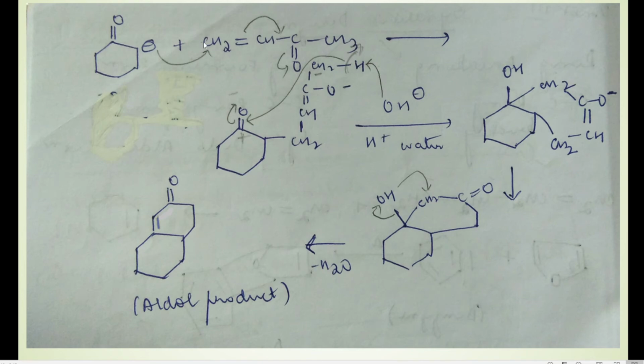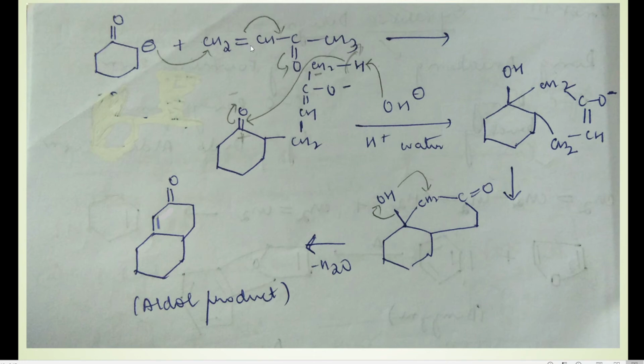So what happens? This carbon will form a bond with this carbon here. Here there's a bond formation, a new bond formation that is seen. So the next step is this one, students. From here it goes here. So you can see that there's a bond formation between this carbon and this carbon. So there is CH2 single bond.